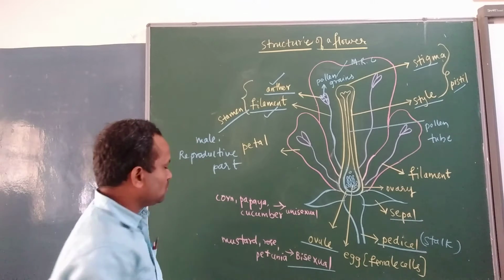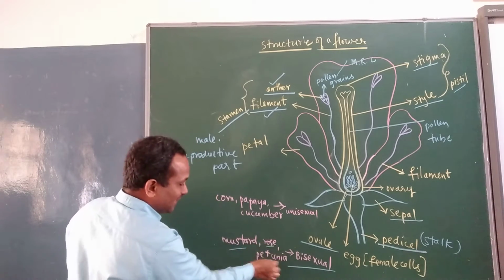Bisexual plants. For example mustard, rose, petunia.